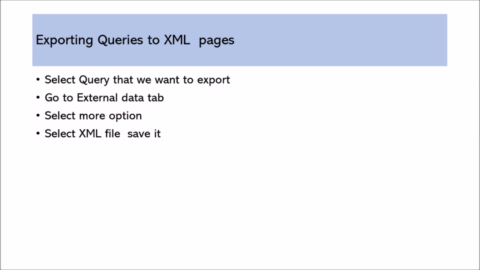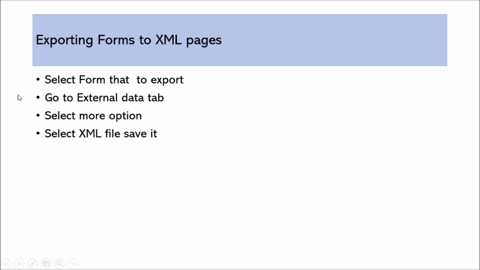You can select a table, queries, forms, or reports, and based on that object you can save it into XML pages. Similarly, you can use the same steps for exporting forms to XML pages, as well as reports to XML pages. All the time the steps will be the same. The only thing is you have to select the proper object.